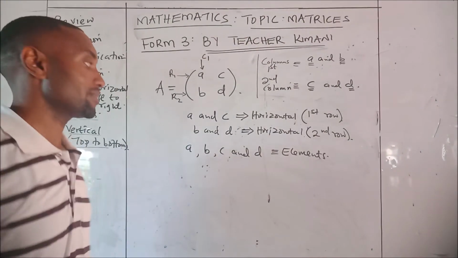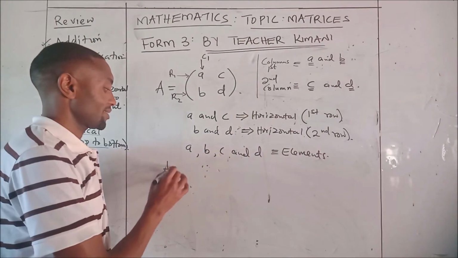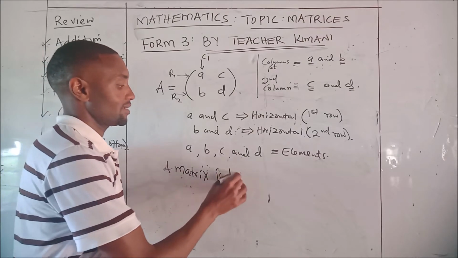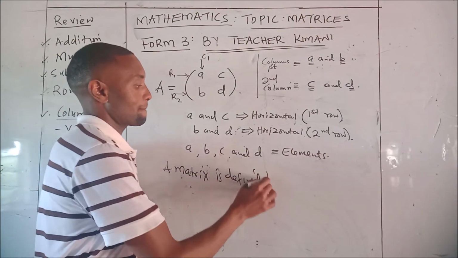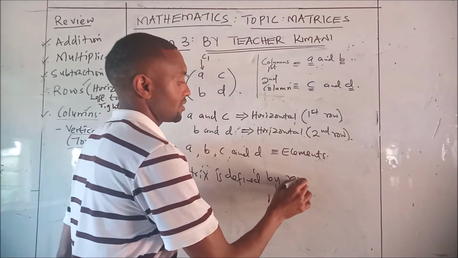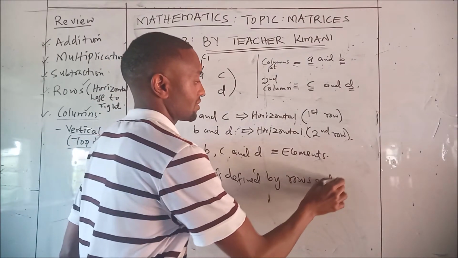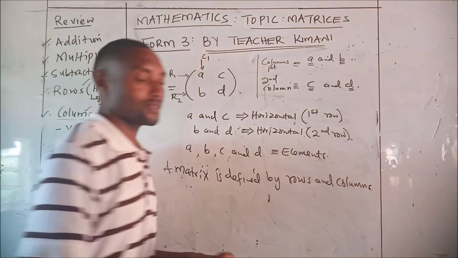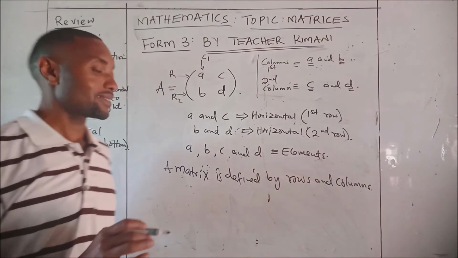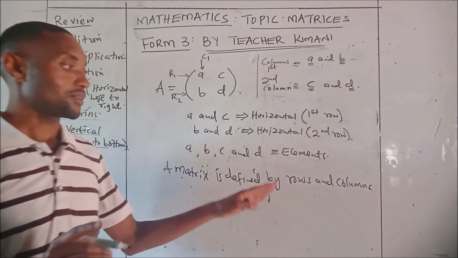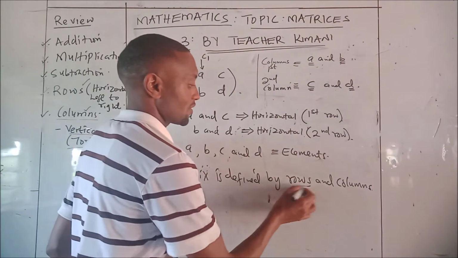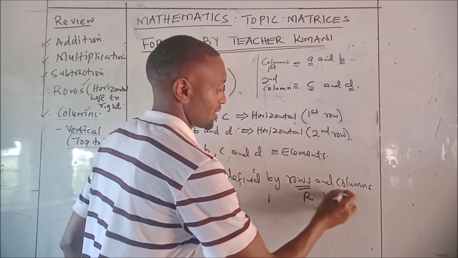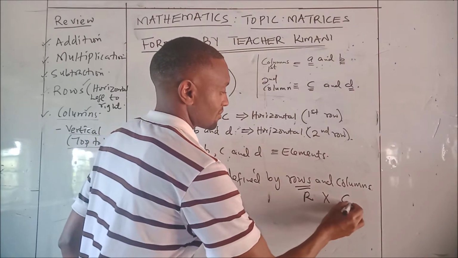What defines a matrix? A matrix is defined by rows and columns.